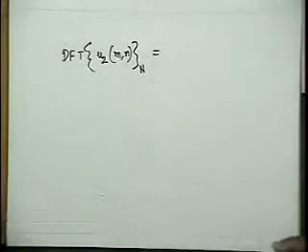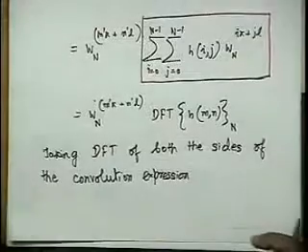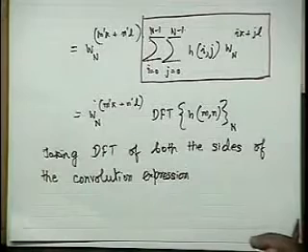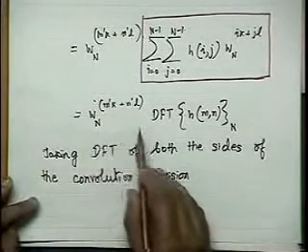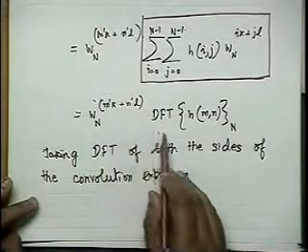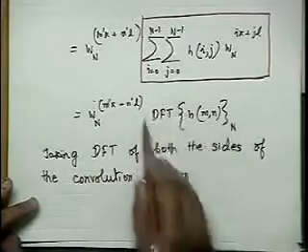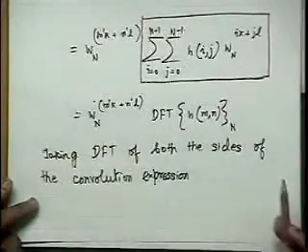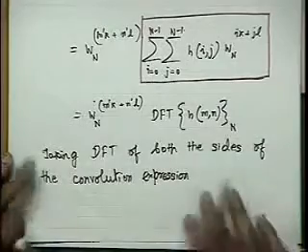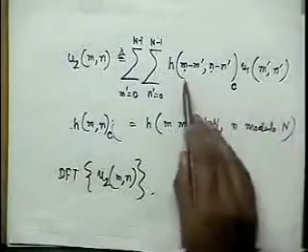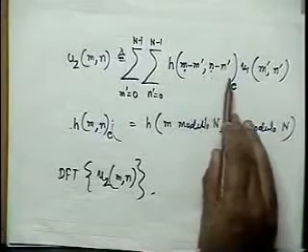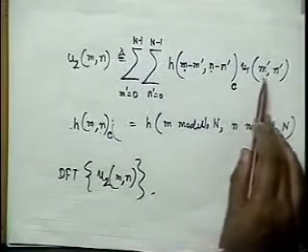And what is the right hand side? Please apply the definition over here: the 2D DFT of h of m minus m prime, n minus n prime has already been obtained like this. In the convolution function definition, we had two functions, h of m minus m prime, n minus n prime, and u1 of m prime n prime.